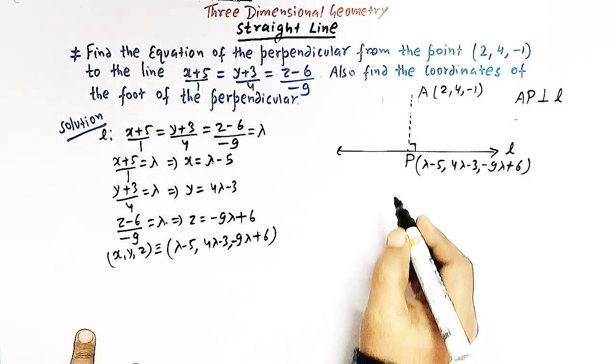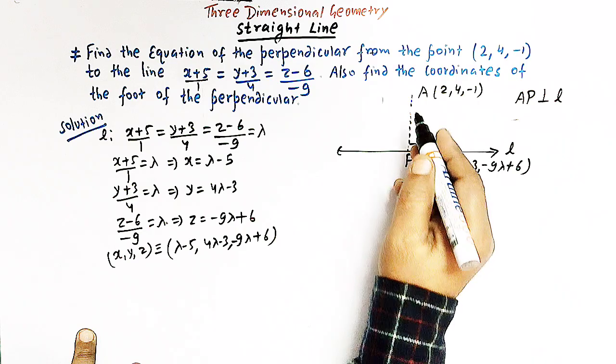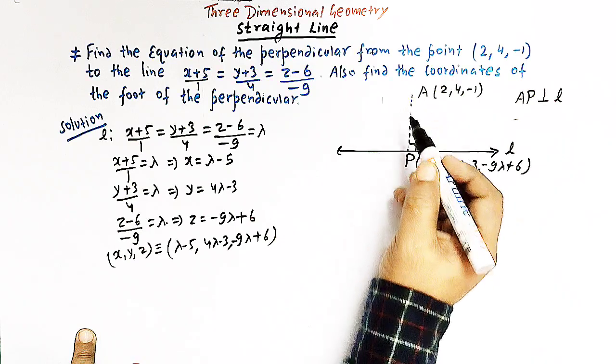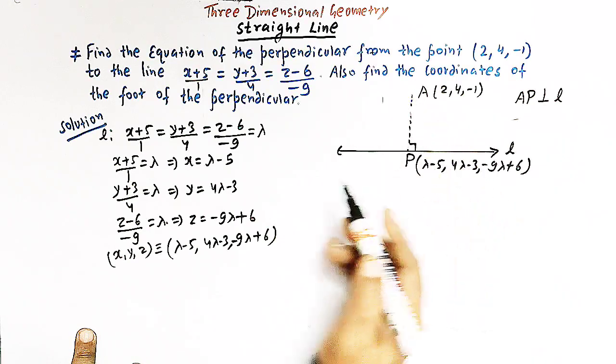So now let us obtain the direction ratios of this line AP, right?